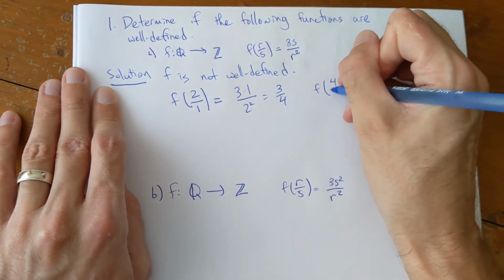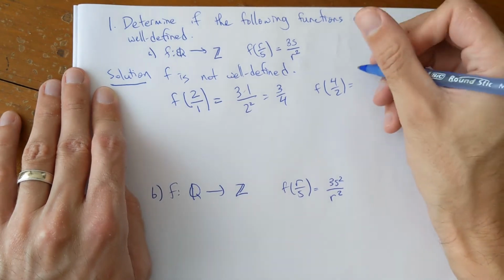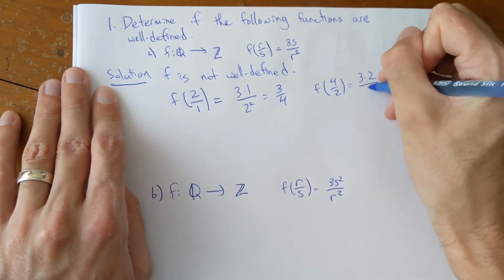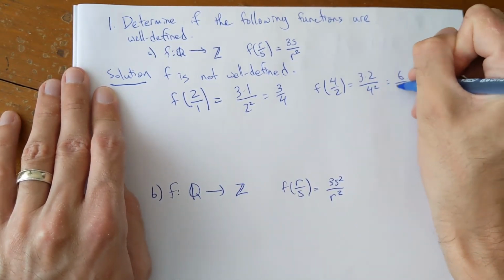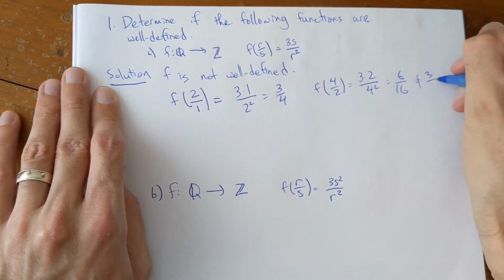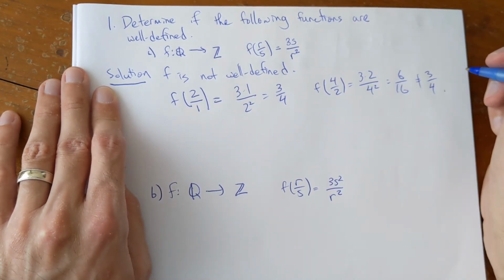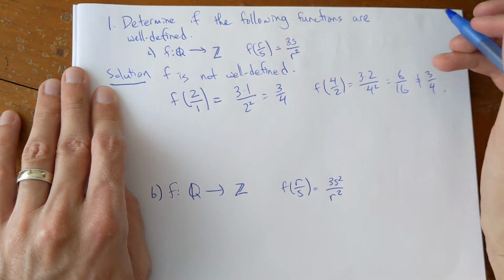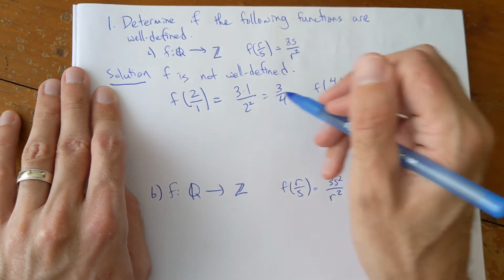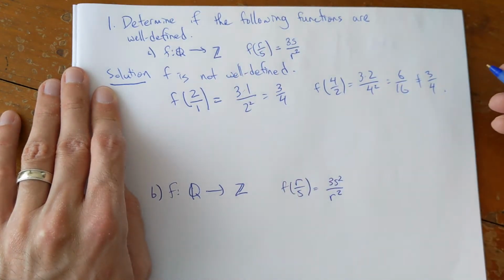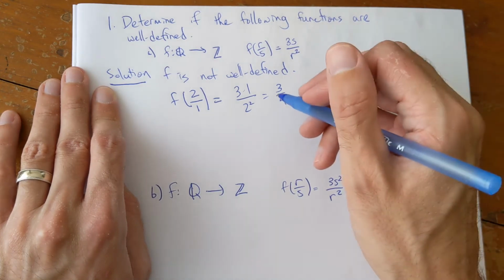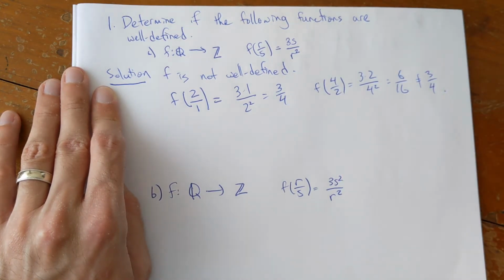But f of 4 over 2 is 3 times 2 over 4 squared, which is 6/16, not the same as 3/4. So 4 halves and 2 is the same rational number, but we have 2 different values for it, so it's not well defined.